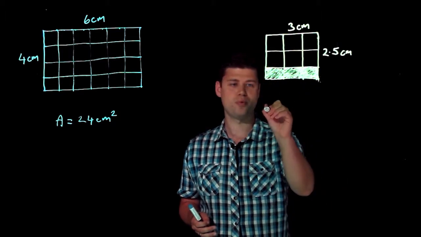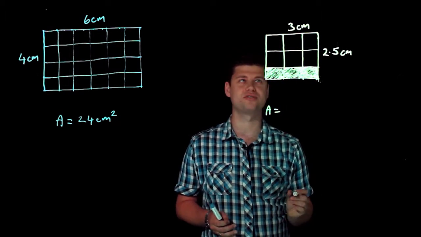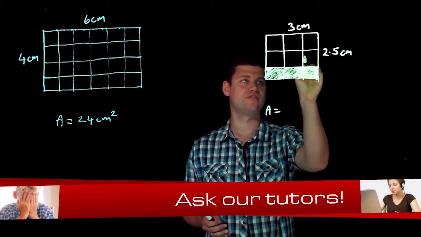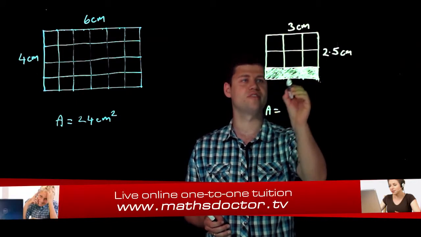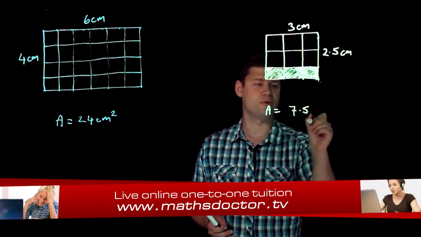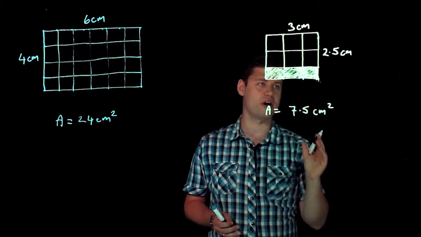So again, we can work out the area of this rectangle just by counting up the boxes that we've got. So 1, 2, 3, 4, 5, 6, 6.5, 7, 7.5, and again our unit is centimetres squared.